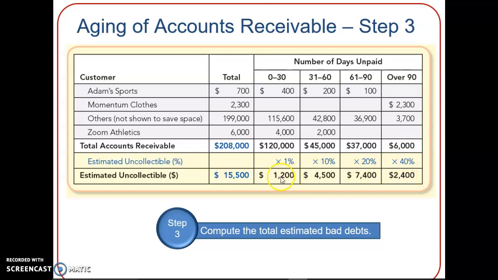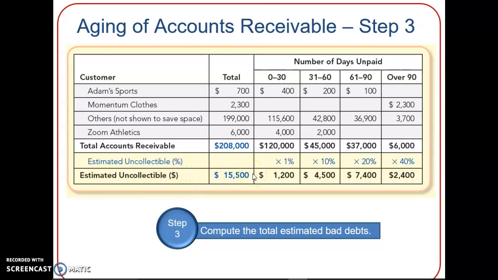And we add those four numbers together: 1,200, 4,500, 7,400, 2,400. You add the four numbers together, we get $15,500. That's the total estimated uncollectible accounts receivable.